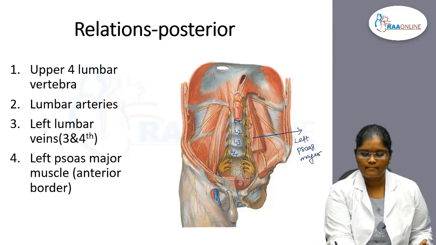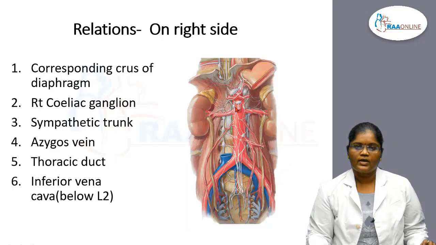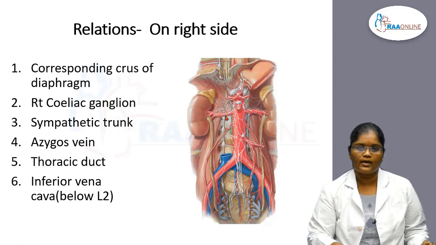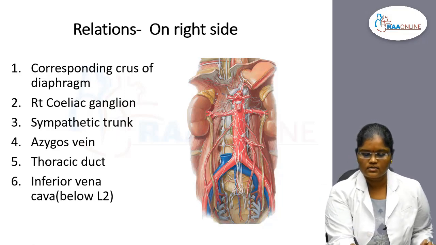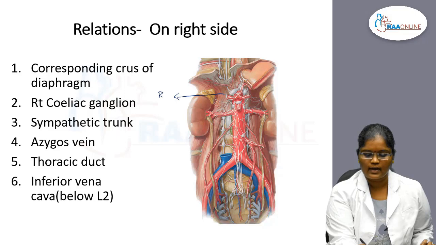This is the cut portion of the left psoas major muscle. Now let's see the structures that are related to the right side of the abdominal aorta. This is the abdominal aorta. On the right side you can see the crus of the diaphragm from above downwards. This is the right crus.